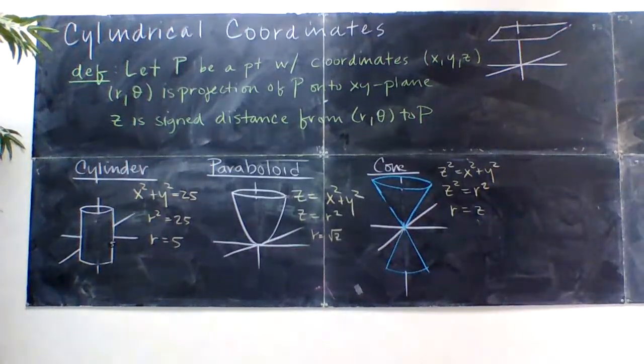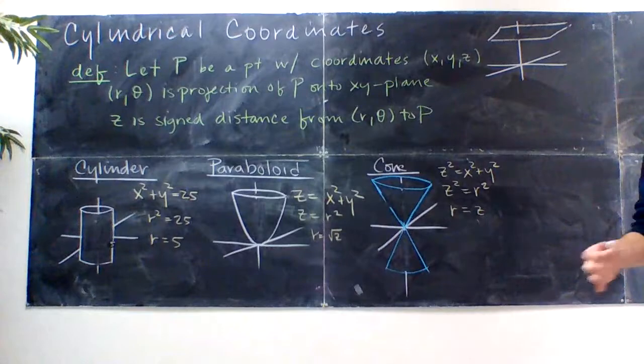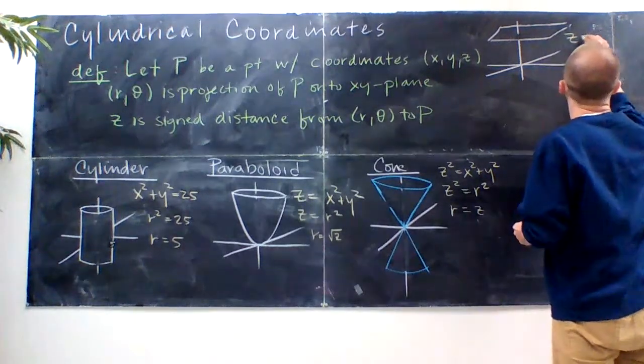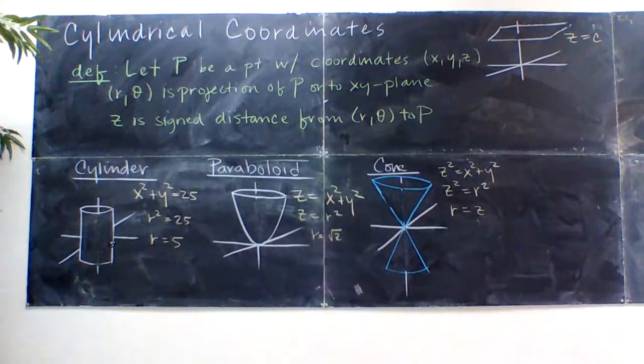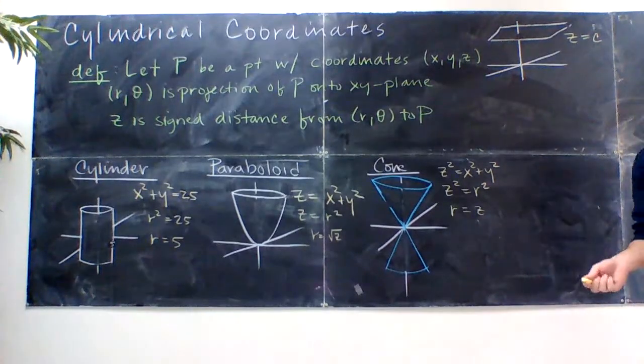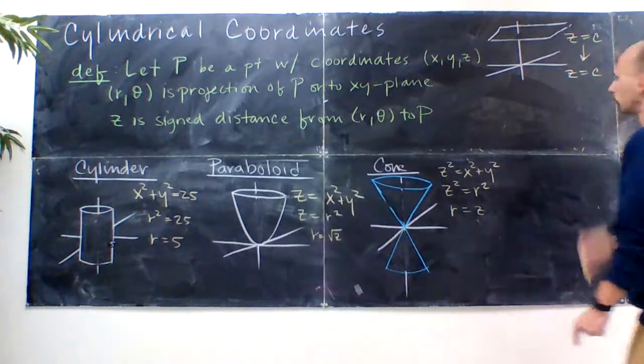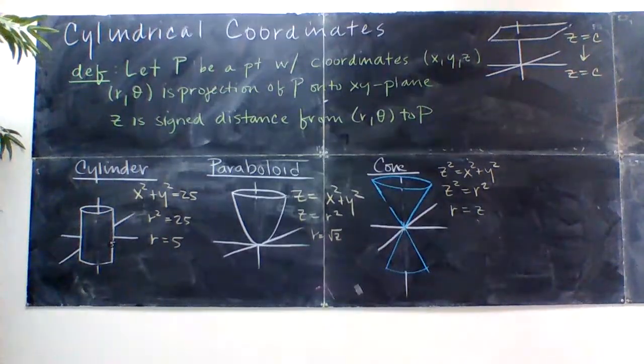All right, that's all right. Okay, so this is the plane z equals c. Not my best work ever, but that's all right. Well, if you think about it, z is a cylindrical coordinate as well, so it translates to z equals c. Okay, this is a horizontal plane.